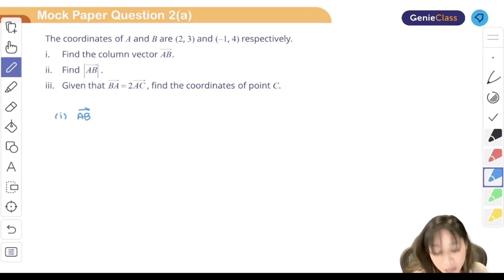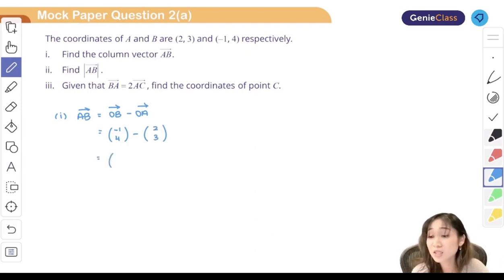So from triangle law, we know that we can write vector AB equal to vector OB minus OA, right? So from here, I'm just going to fill in the column vectors. Position vector of B will be (-1, 4). OA will be (2, 3).